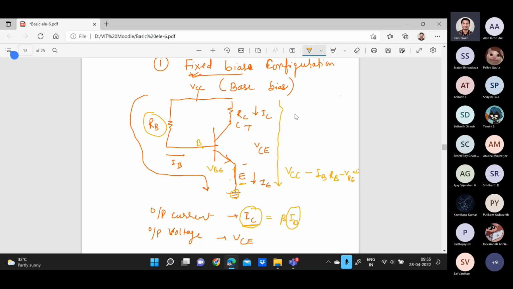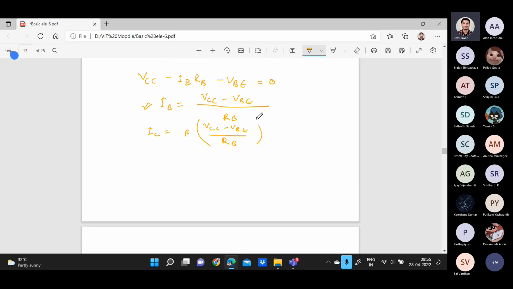You get VCC minus ICRC, the current and the resistance, minus VCE, and here no resistance so it is 0. So VCC minus ICRC minus VCE equals 0, and VCE equals VCC minus ICRC.